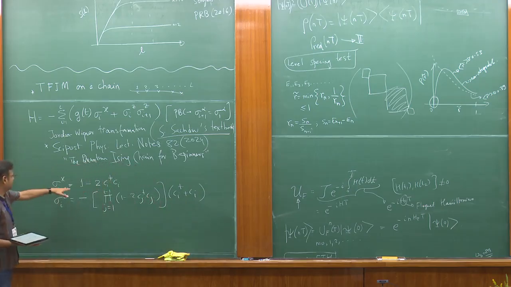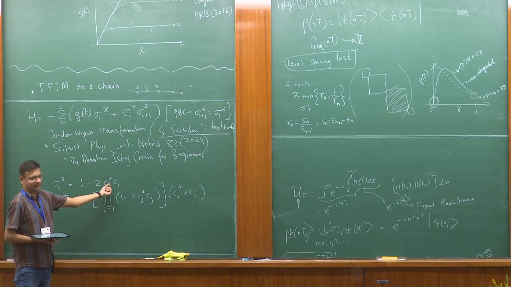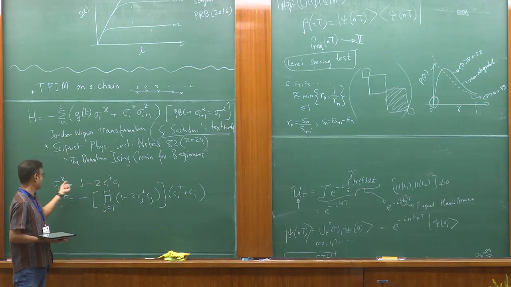So this is a benign mapping, this is a local mapping, right? Because you look at the fermion density at site i, and from that you can read off the value of sigma x at that site.